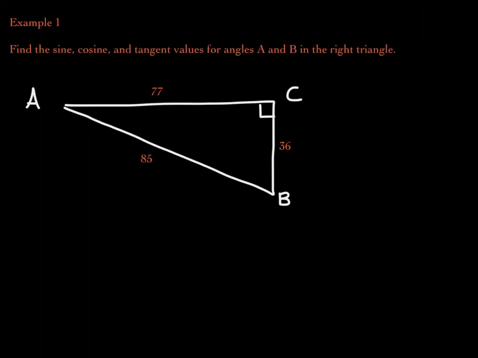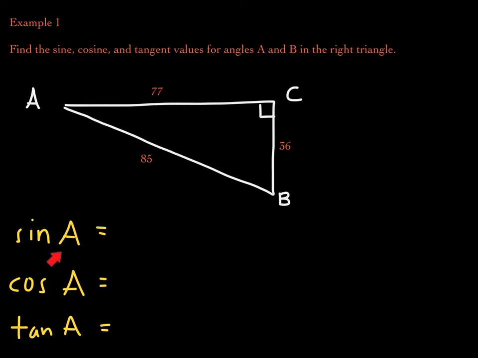All right, everybody, find the sine, cosine, and tangent values for angles A and B in this right triangle. Both angles A and B are acute angles, and we want to find the sine, cosine, and tangent values for angle A and for angle B. So let's go. Let's start with angle A. Now remember how sine of angle A is defined.